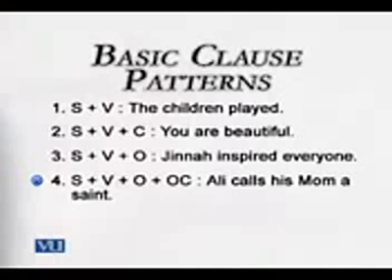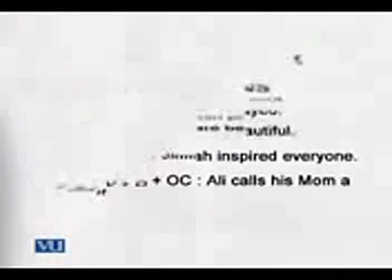Ali calls his mother a saint. Now, Ali is the subject, calls is the verb, his mother is the object, a saint. The saint is the object complement. Otherwise, your sentence could have been this way: Ali calls his mother. What does he call his mother? Saint. So just to cut things short, to say it in a more compact form, Ali calls his mother a saint.